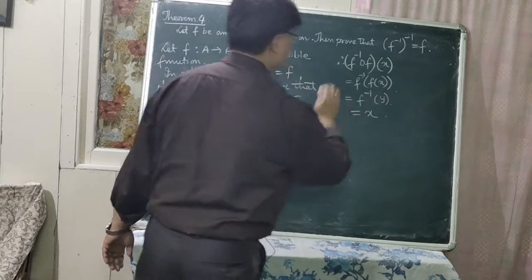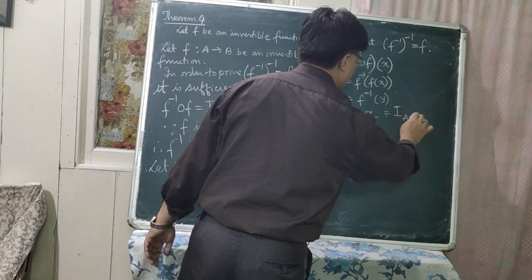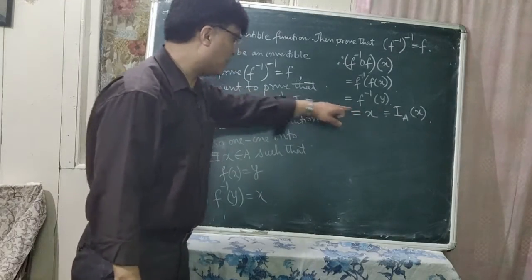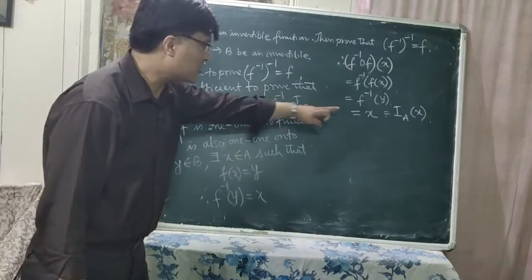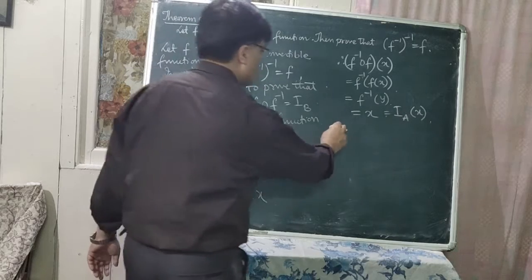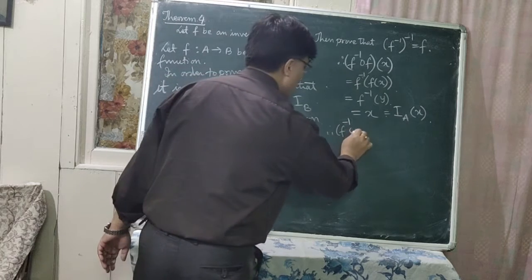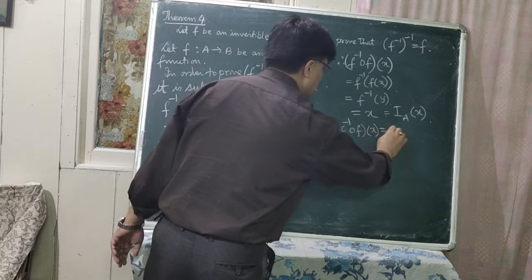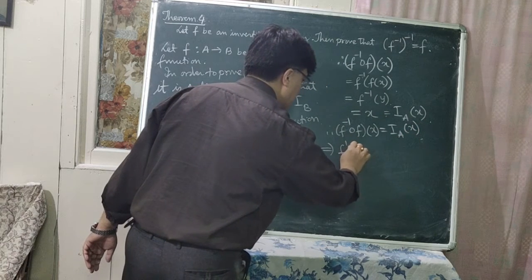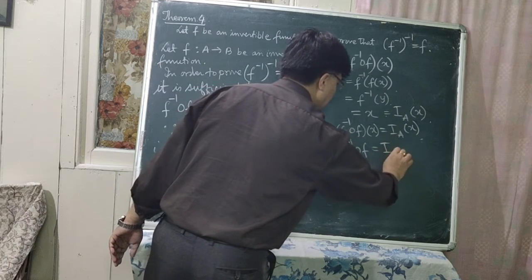That is your x. Is that clear? So this is equal to IA of x, because this x belongs to the set A, so you have to write IA, that is your identity function. So therefore f inverse of f of x is equal to IA of x, which implies that f inverse of f is equal to IA.